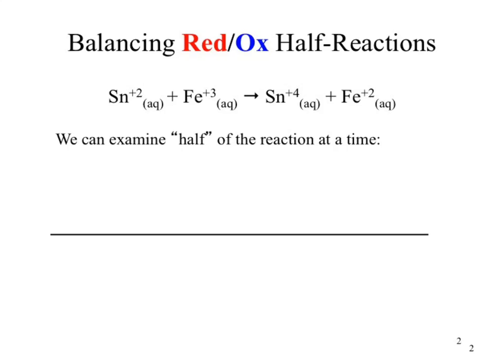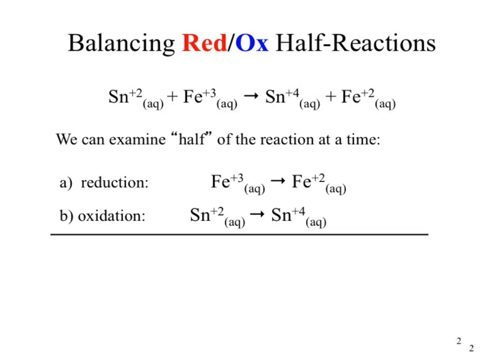No. So does it make sense to say tin plus 2 goes to iron plus 2? No. What does tin plus 2 convert to? Tin plus 4. So what we could do is write out our tin plus 2 going to tin plus 4. And we can also look at the other one, our iron plus 3 going to iron plus 2. Okay? We've already specified that these were reduction and oxidation reactions, but we could add that information now as well.